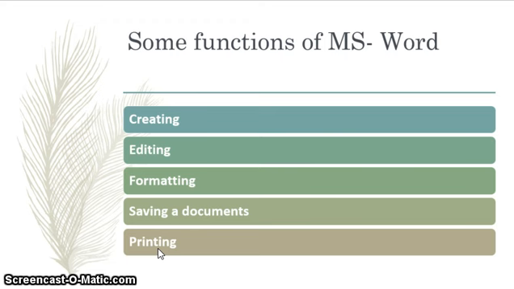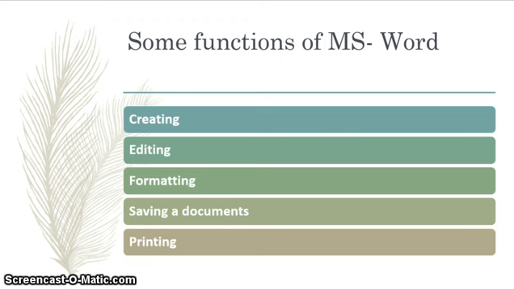In the first copy your handwriting will be good, in the second copy it will be a little different, and in the eighth copy you will get tired and your handwriting will not be as good as what you wrote in the first copy. After some time you get tired and your appearance might get affected. But here, when you take a printout, all the printouts are equally good. So these are the different functions of MS Word.